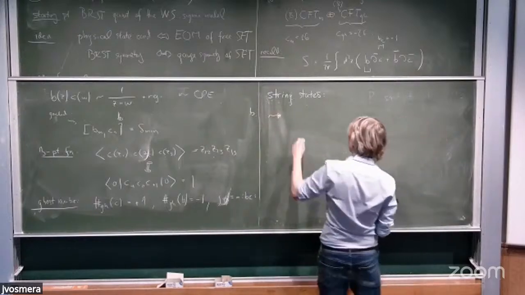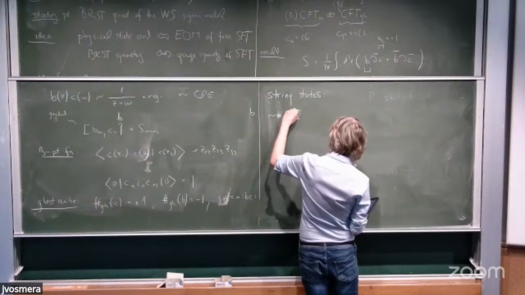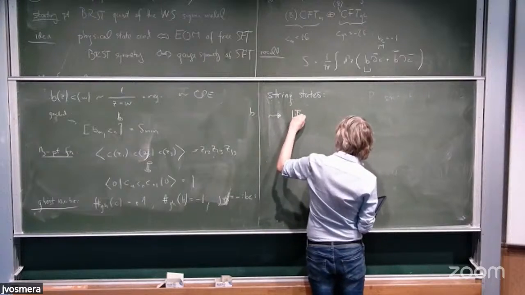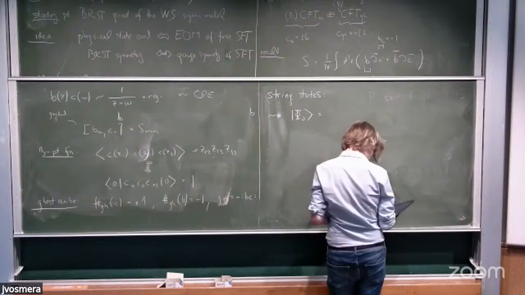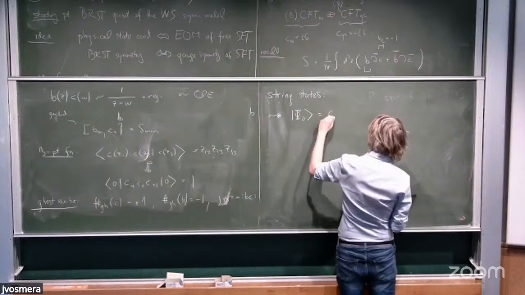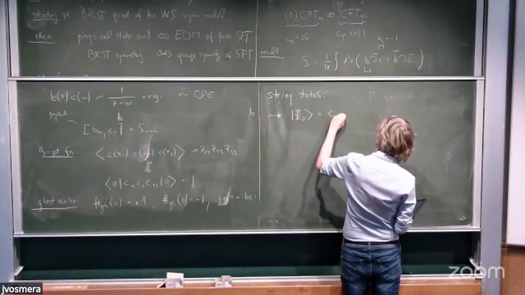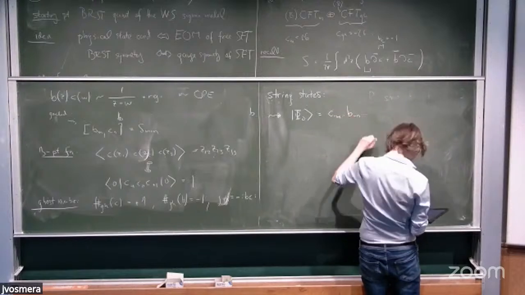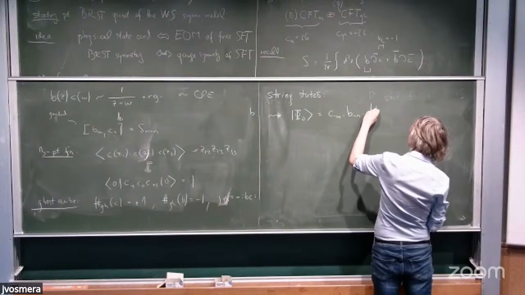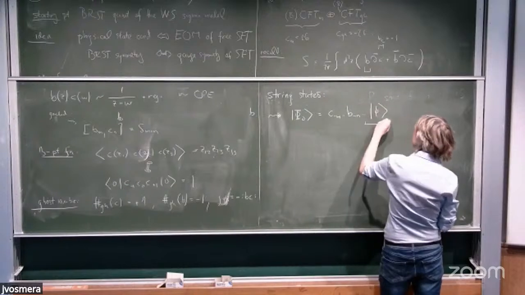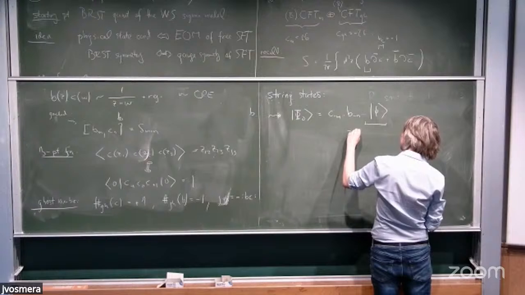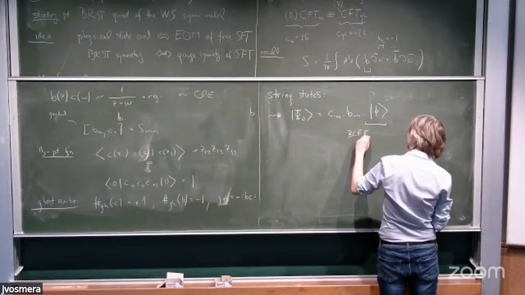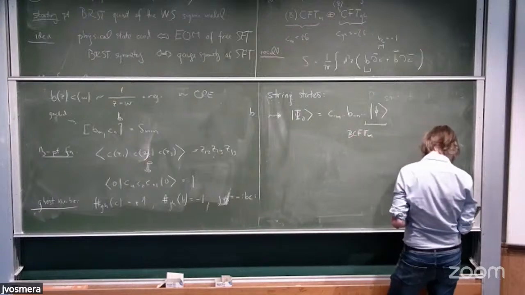So in the case of open strings, I can write down a generic state in the Hilbert space as follows. I can act with some C ghost creation operators, some B ghost creation operators on some generic state in the boundary conformal field theory Hilbert space of matter.